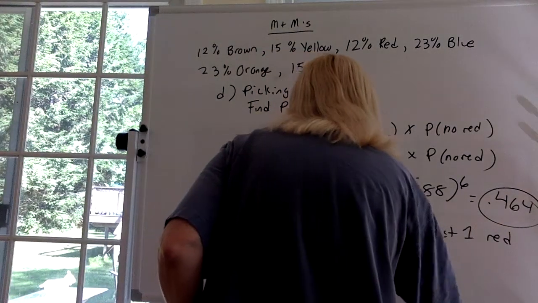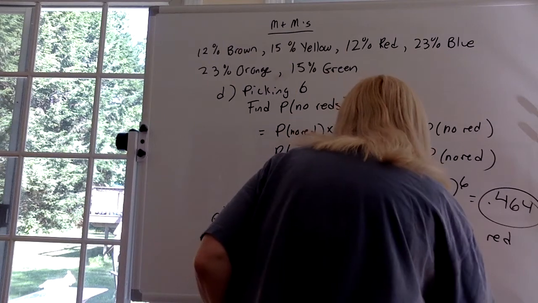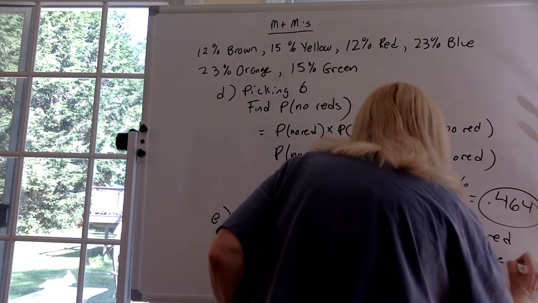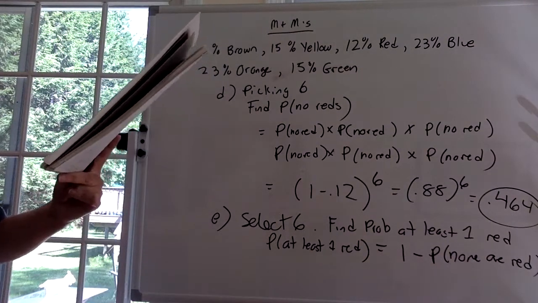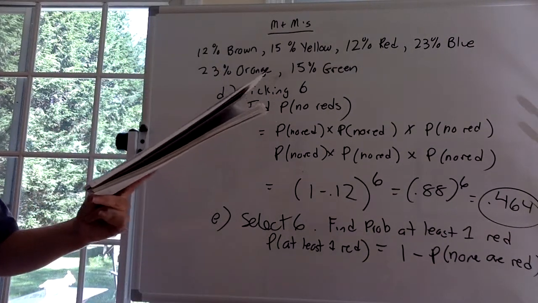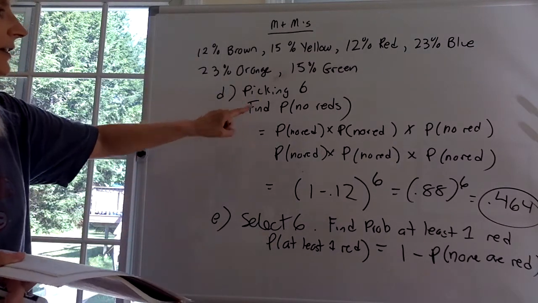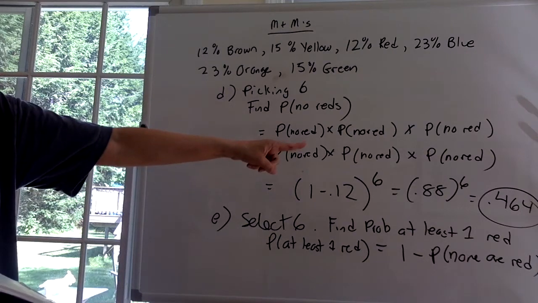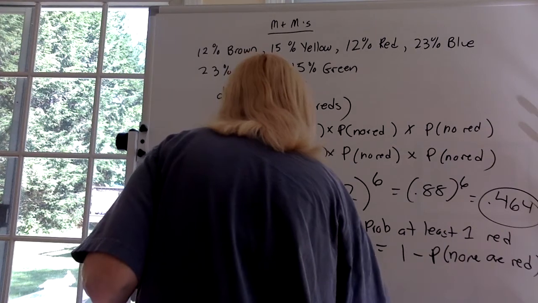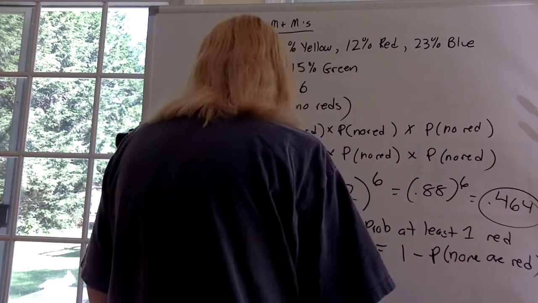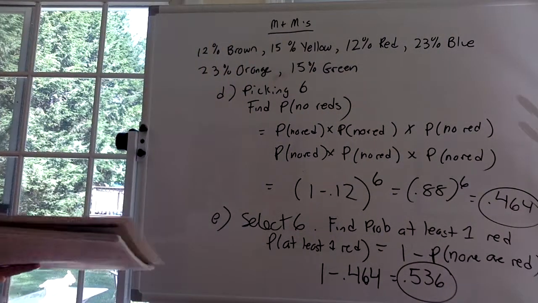This is a formula that you see in your reading. You do 1 minus the probability that none are red. So at least 1 red is 1 minus probability that none are red. We already figured out the probability that none are red in part D. We got 0.464, right? So all we got to do for this part is 1 minus 0.464. So I got 0.536. Okay, so that's it.